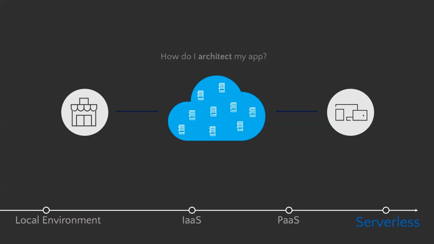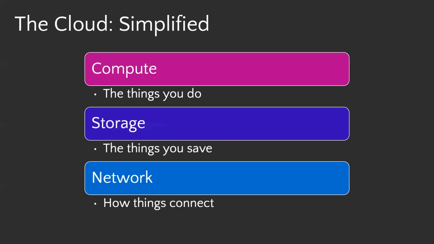I'll try to demo as much as possible on the platform so that you can learn the deployment of these apps in the cloud. So cloud is simplified. Whatever you use, whether it is infrastructure as a service, platform as a service, or serverless, ultimately you're using compute, storage, and network.